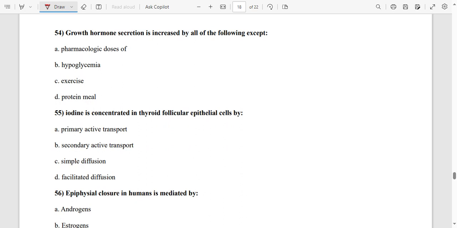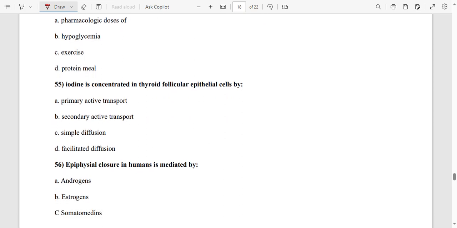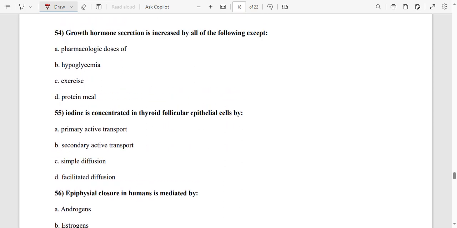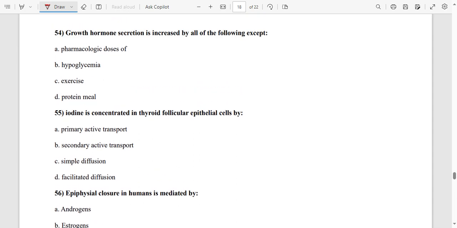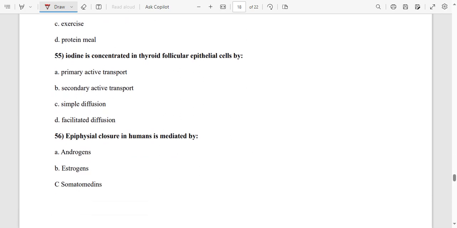Growth hormone secretion is increased by all of the following except. This one you can answer because I've already mentioned it. Which one will not increase growth hormone secretion? Pharmacological dose, hypoglycemia, exercise, protein meal. Which one would you pick? Hypoglycemia, that's correct because it increases.